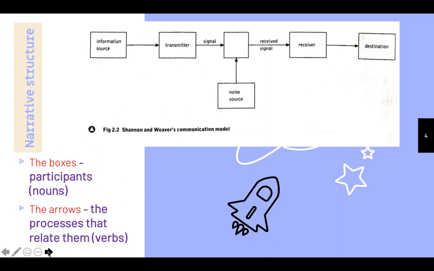So these nouns or participants are connected through arrows, which are the vector lines. So therefore, this diagram is a narrative structure. This diagram is Shannon and Weaver's communication model that we have seen in our lecture on communication model.